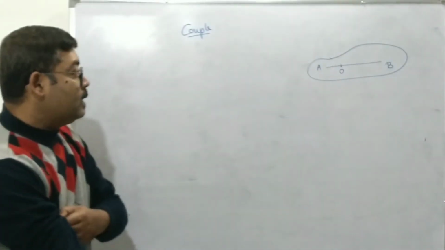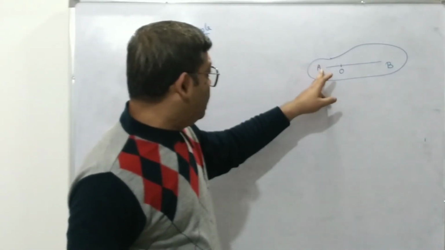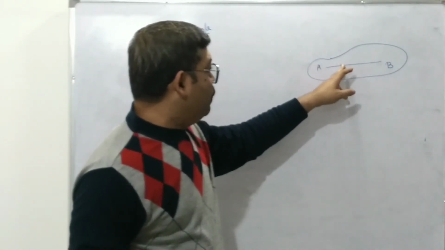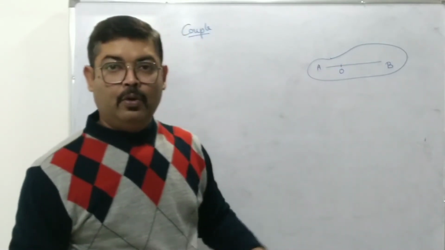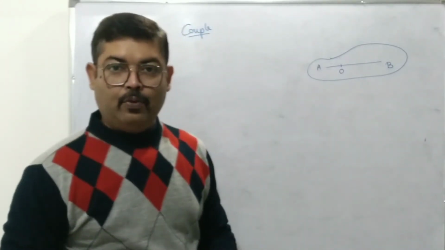Alright, now let us say we have a rigid body which is moving around point O. The axis of rotation passes through point O and is perpendicular to the plane of the board.